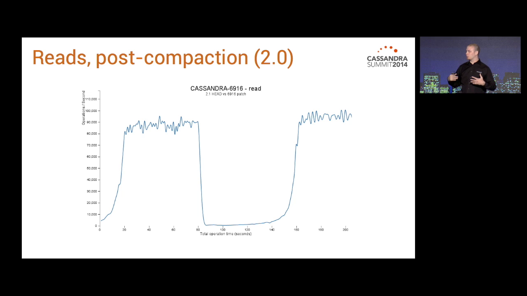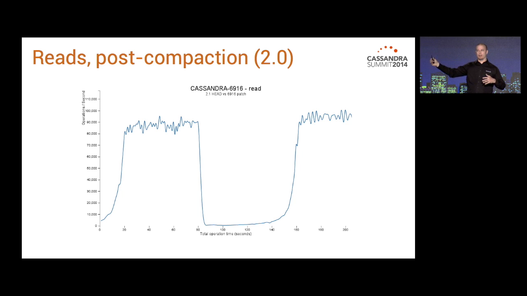So this is what my operations per second looks like on a system where its data doesn't fit in the page cache. What I have on this blue line here is I finished a compaction, I ramped up my speed, I started another compaction. So this jagged area on the left, that's where it's compacting.